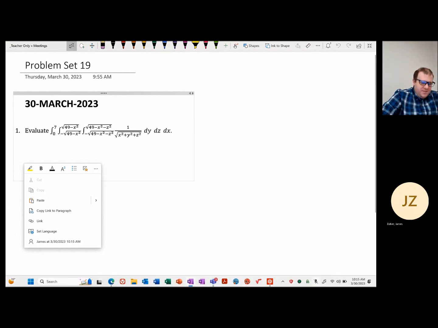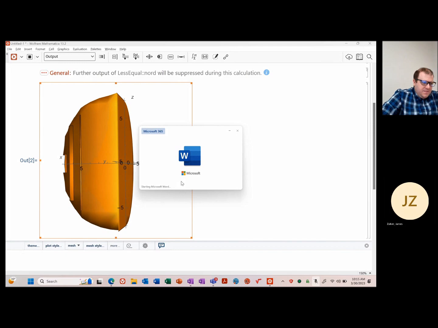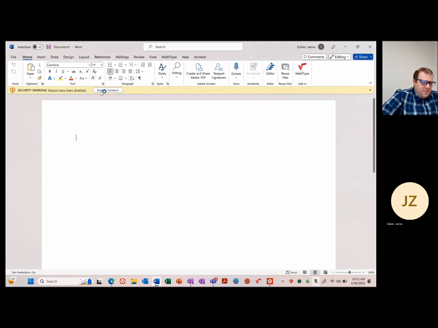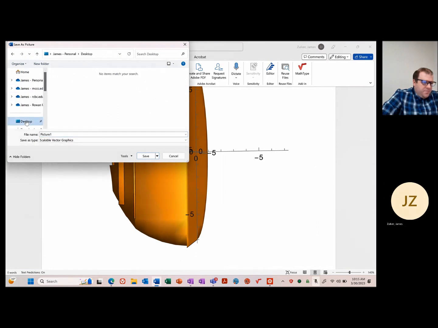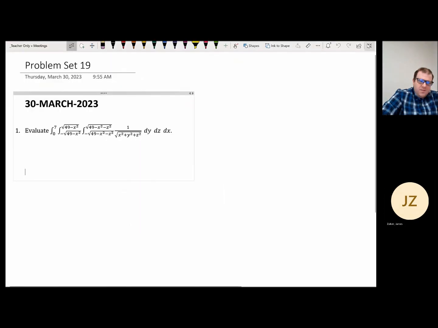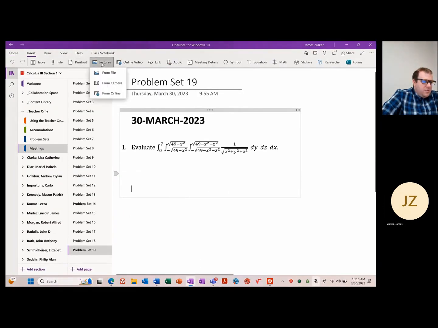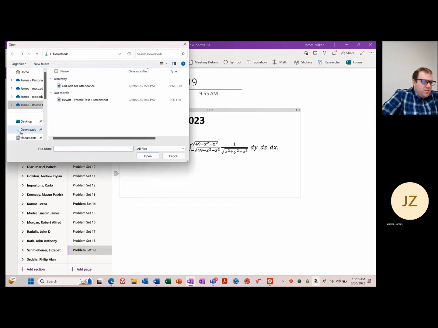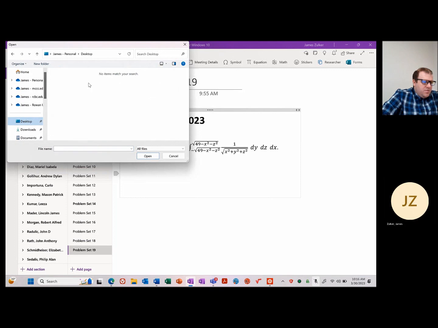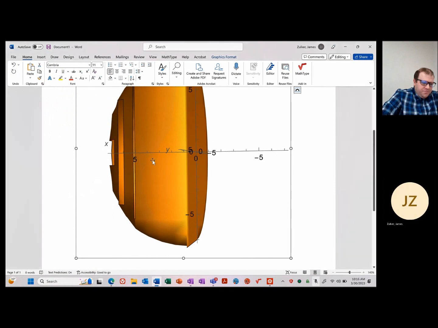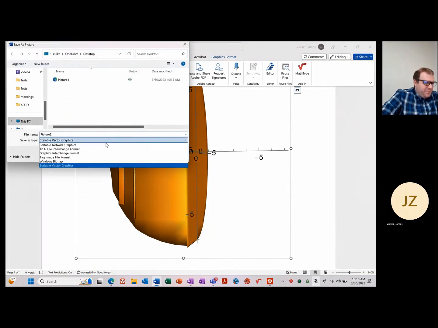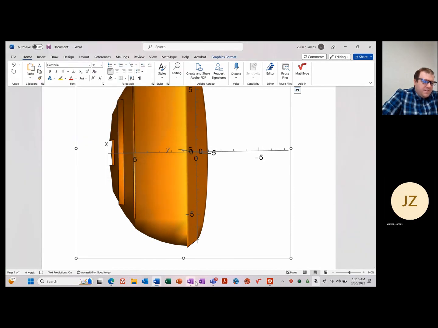Of course. Oh, that's right. Didn't save it as a JPEG. That's annoying.